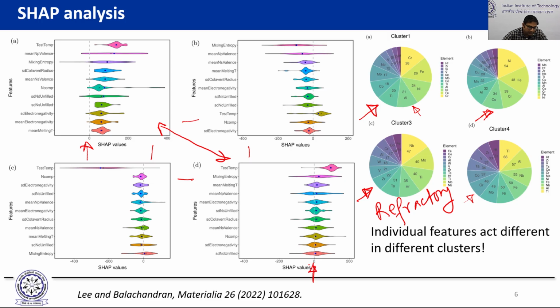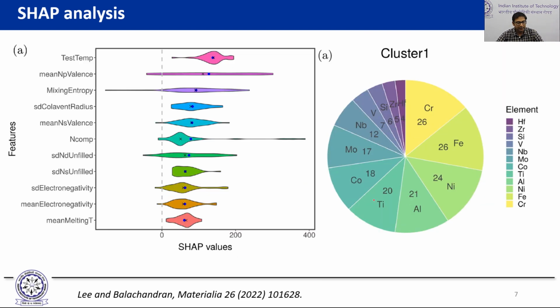In one case, you will see that most of the contributions are positive. In the other case, you will see that you have a large spread of the feature contributions. So let us take up one of these clusters and look at its SHAP analysis to understand what is really happening. This first cluster is basically where you have the chromium, iron, nickel, aluminum type of high entropy alloy.